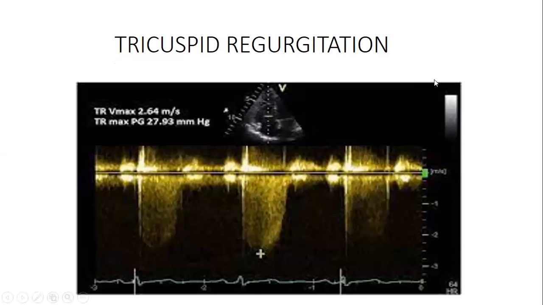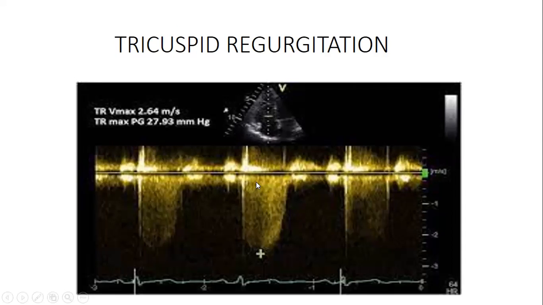For those who are practicing echo, this is very simple. Make sure you get your apical 4 chamber, apply your Doppler there, and then you're going to have this wave just below the baseline. This is our baseline. Below the baseline, you are going to have this regurgitation.